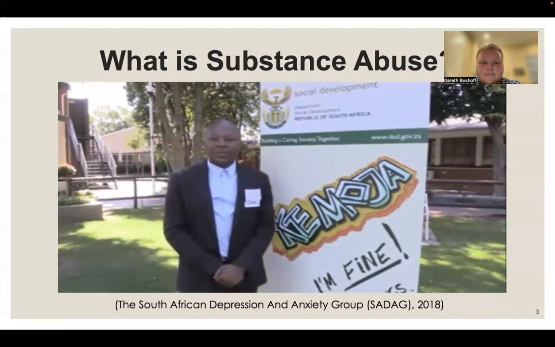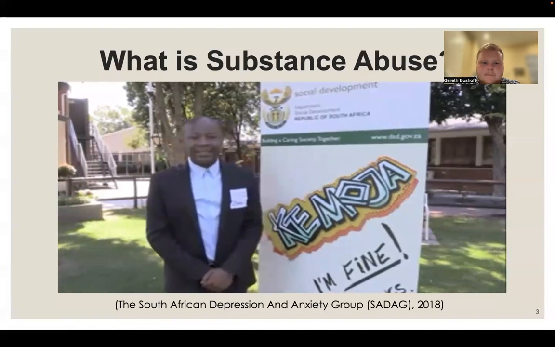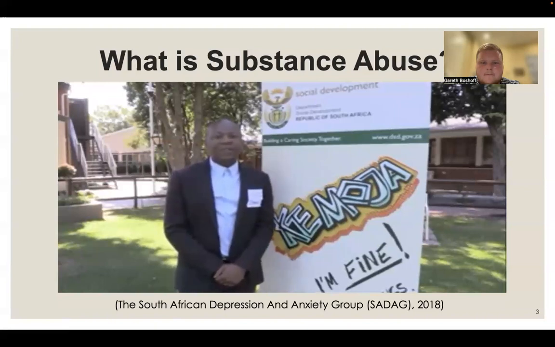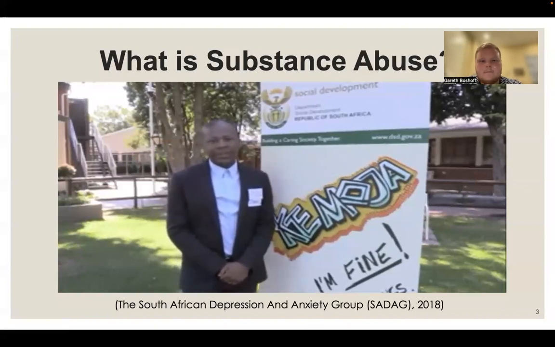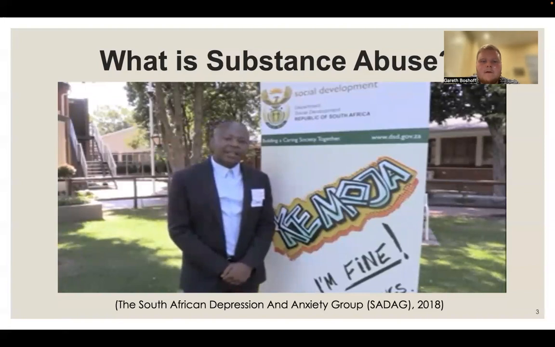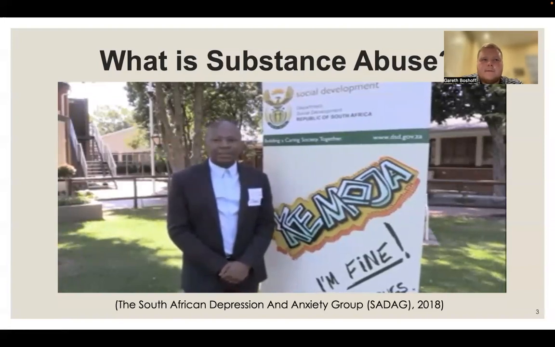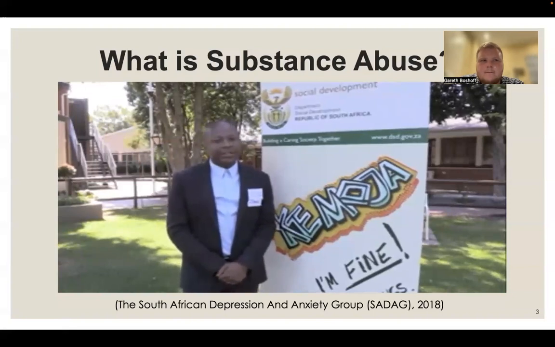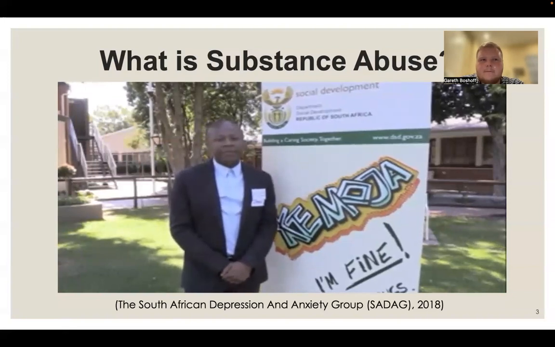They oftentimes then start to plan their lives around accessing the substance and using the substance. And then you soon see a deterioration of their functioning, the social functioning, the occupational functioning, and the functioning of their relationships. The substance is not then used for any sort of recreational purpose, but very definitely in a destructive way.